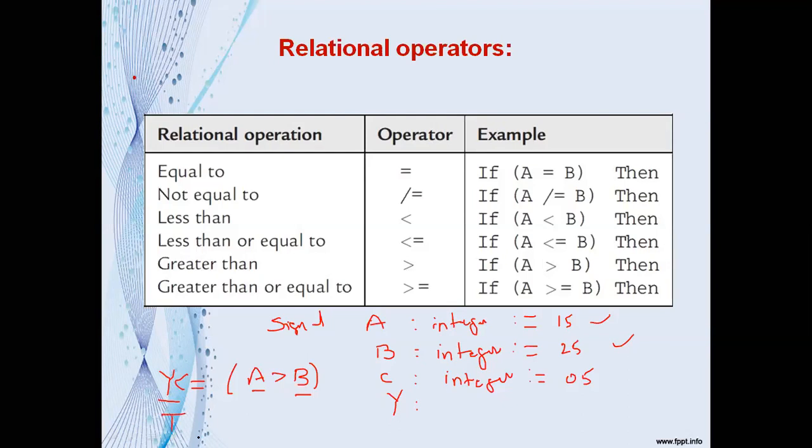If the condition is false, the y value of the output is false. So in our example, a is less than b, but you're testing for a greater than b, which means that the output of y is false. So now the output is assigned the Boolean type false value.